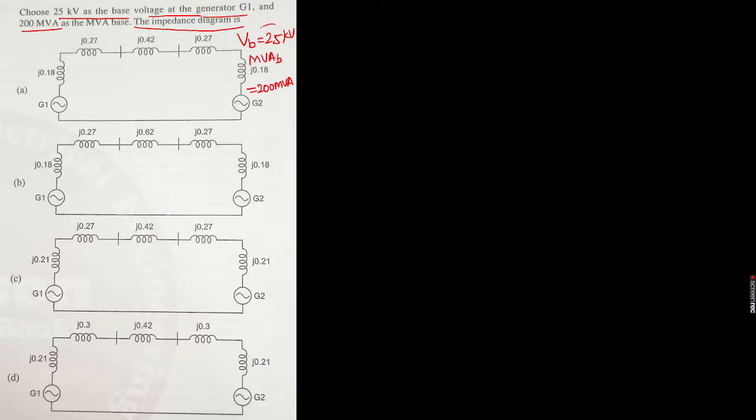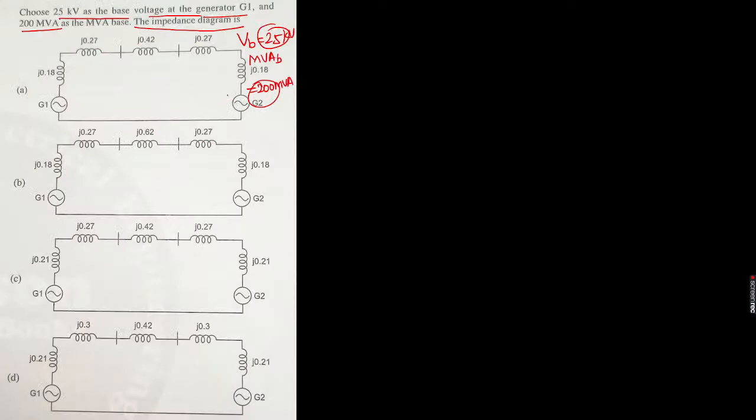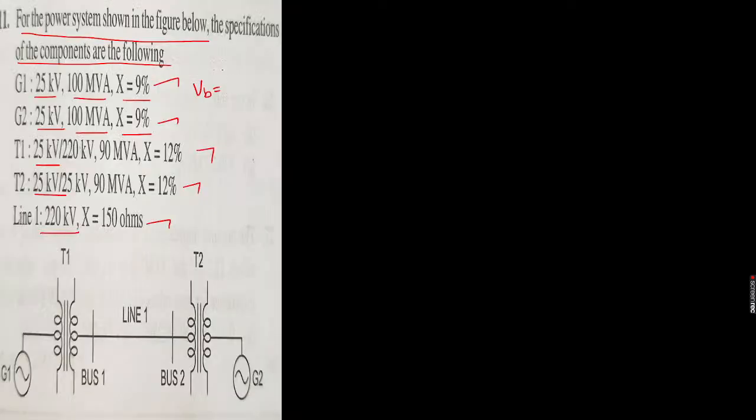Now we know the base voltage and the base MVA. Let us go back to the question. What is the base voltage? Base voltage was clearly given as 25 kV, right? So base voltage is given as 25 and the MVA base is clearly given as 200 MVA. That's all. Let us draw the single line diagram for the given power system network.